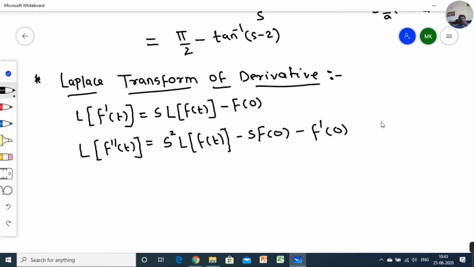So this is the formula we have to use while calculating the Laplace transform of a derivative.